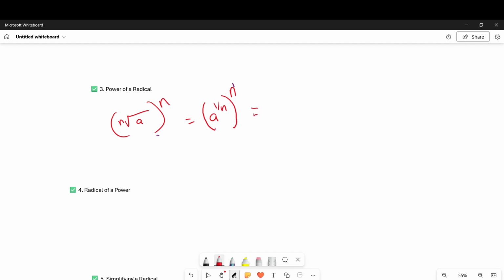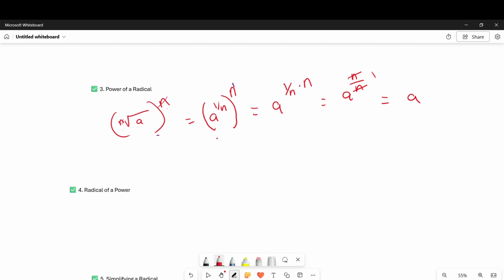The exponent rule says that if a value raised to a power is raised to another power, we multiply the exponents, so the value is a to the 1 by n times n. So the value will be a to the n by n. n by n is 1, so the value is a. This is how the power of a radical works. If this n and that n are the same, they simply cancel each other.